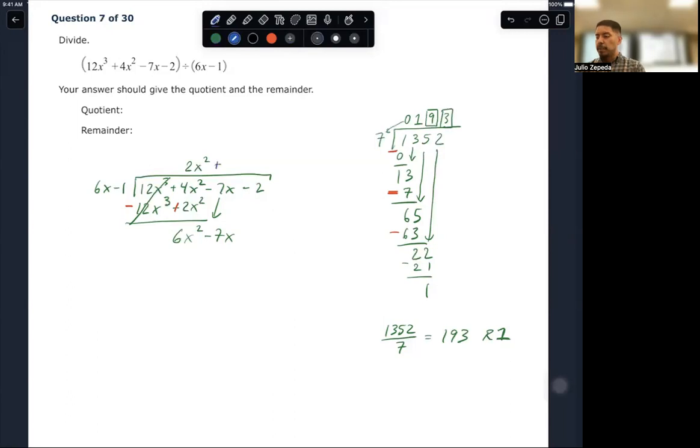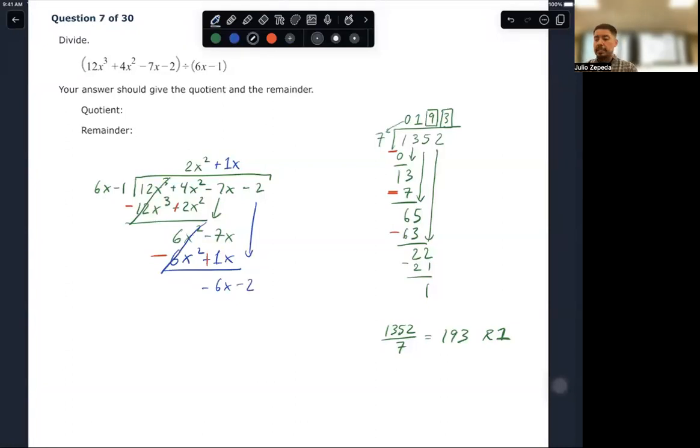So plus 1x. 1x times 6x is 6x squared. 1x times a -1 is -1x. We switch the signs of these terms. We subtract them, just like we did in the regular division. And we end up getting that these terms cancel. -7x plus 1x is -6x. And we bring down the -2.